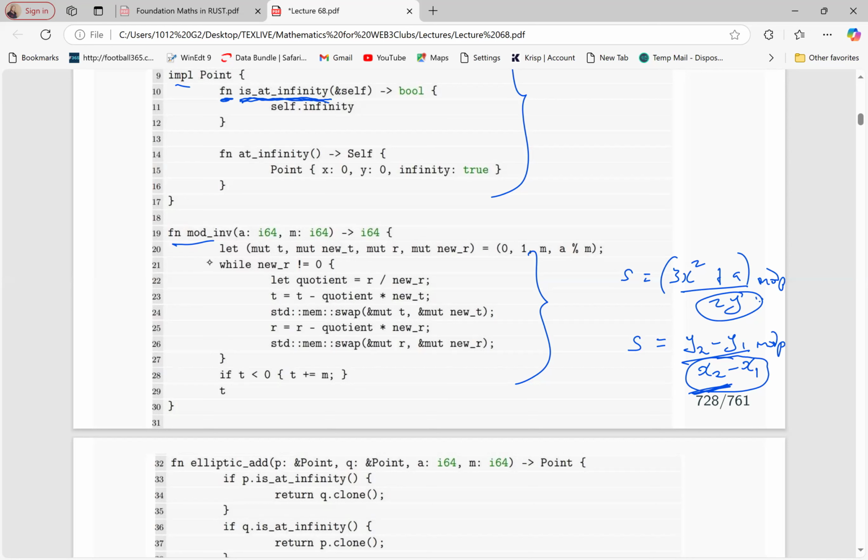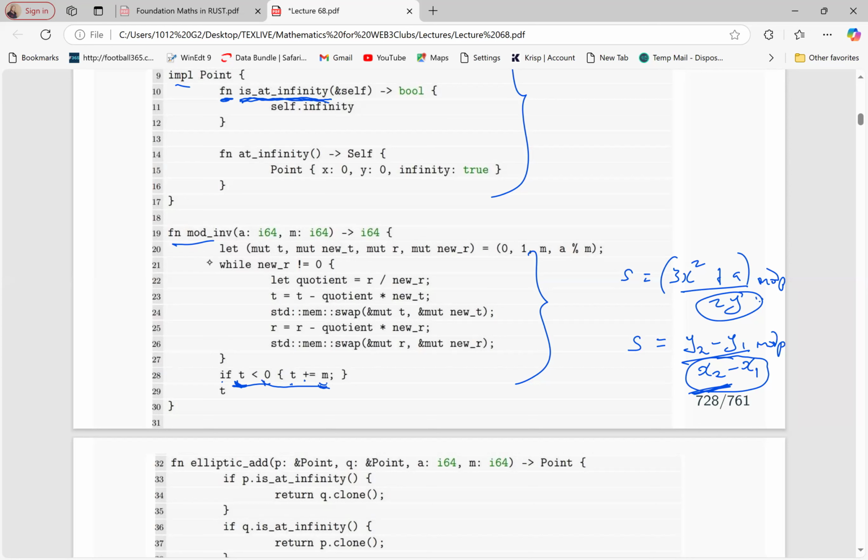And look at what is here. If the result you get is less than 0, you add m to make it positive. That's what this is saying. If t is less than 0, then t becomes t plus m.